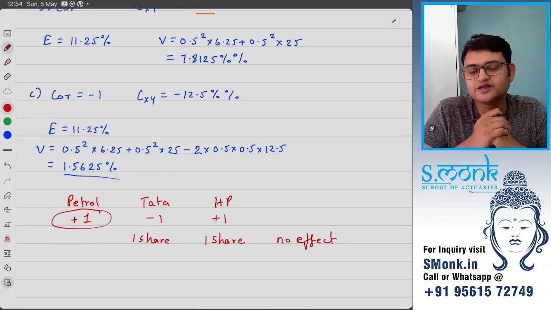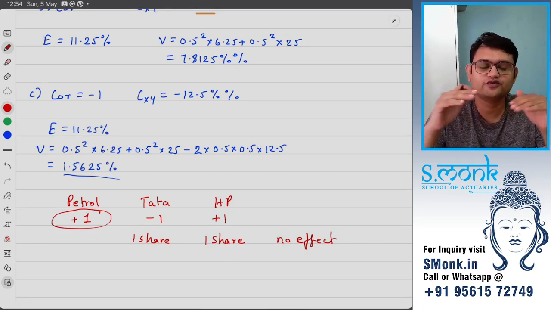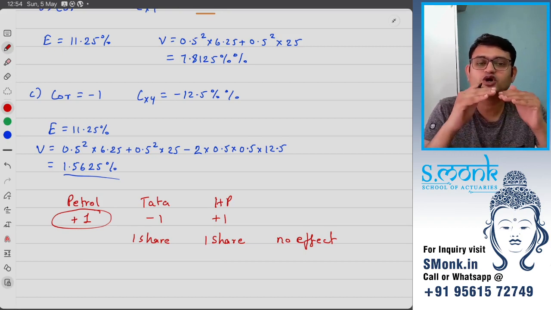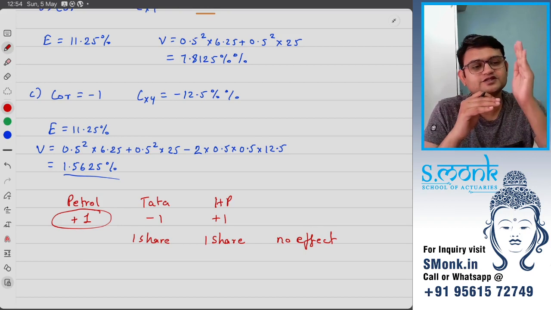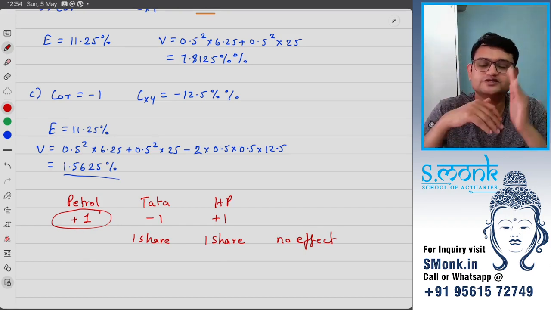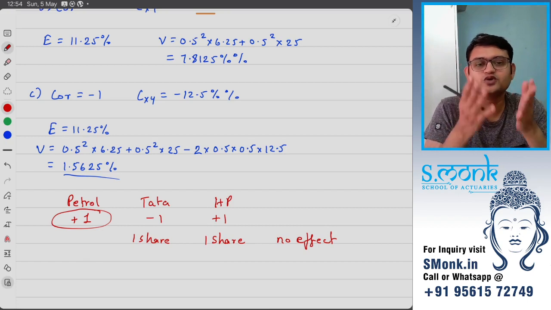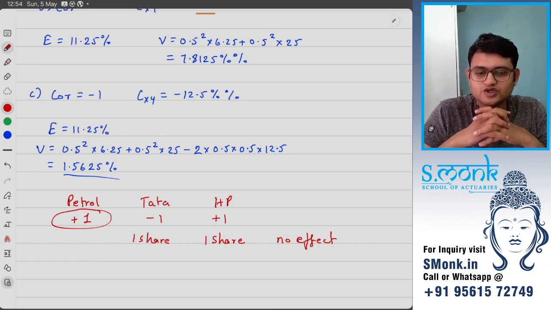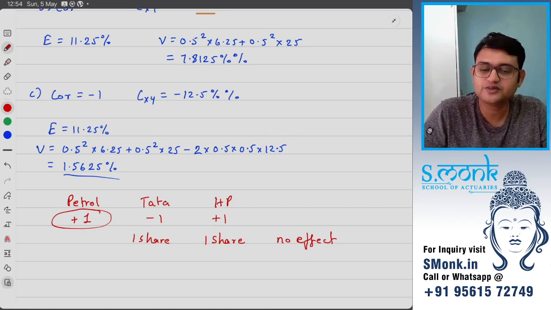So if I can diversify my portfolio in such a way that it does not affect whether the petrol prices increase or decrease, then I will be very happy, because petrol prices are very volatile, right? So that is what hedging means.